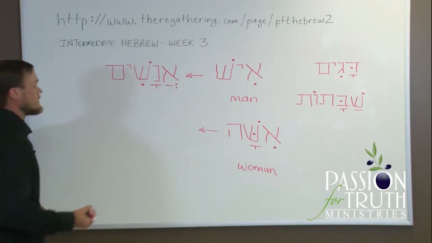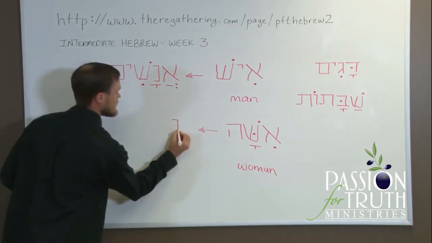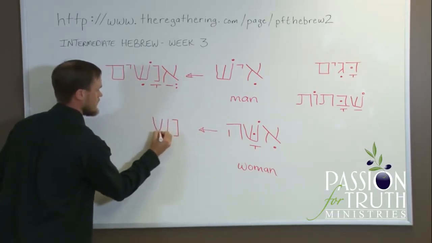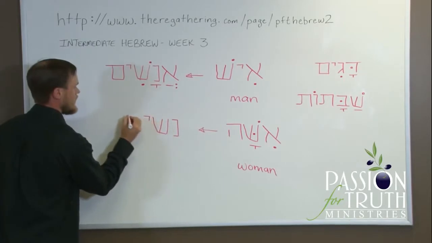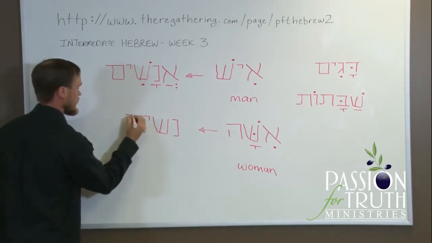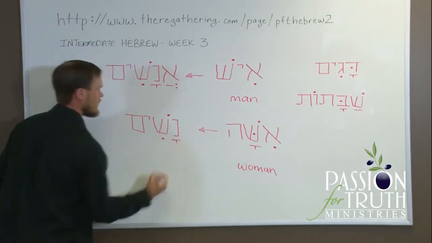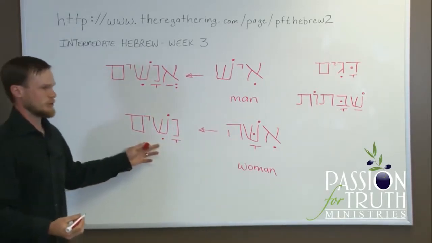And Isha, instead of being Ishot, undergoes a very bizarre change. Isha becomes Nashim.